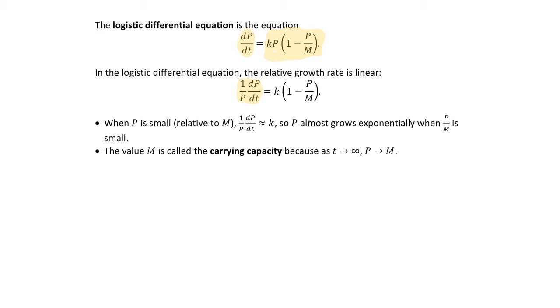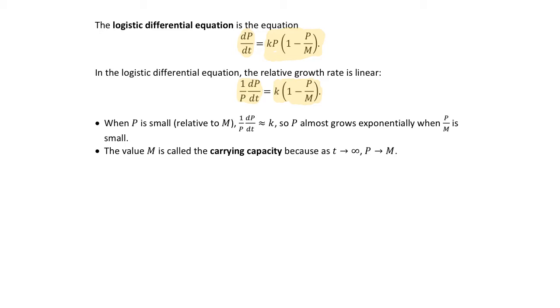So that's what the relative growth rate is doing. For exponential functions, we stop at k. The relative growth rate is a constant. Well, if I do 1 minus p over m, it's not constant, it's actually a linear function in the function itself. It's linear in p.